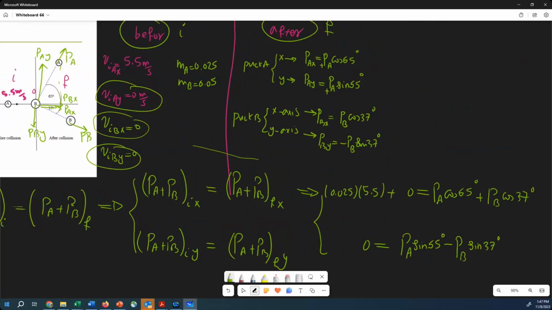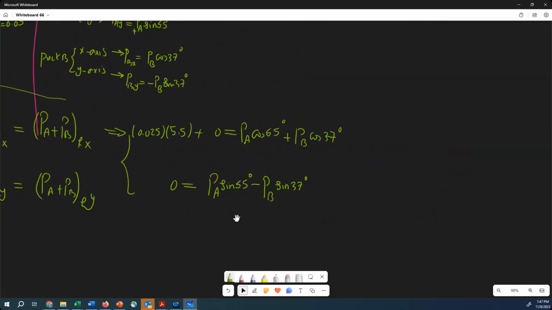Okay? So we have two equations and two variables. The two equations are equation number 1 and equation number 2. And what are the two variables? PA and PB.